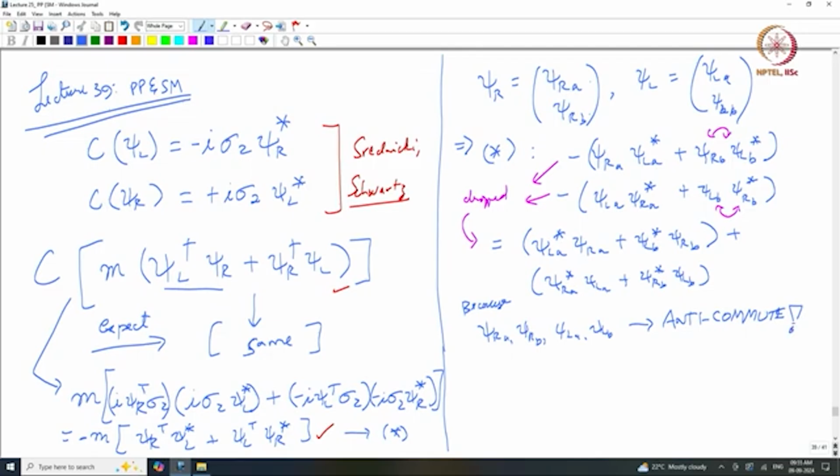That is one of the things that makes spinors really special. This is not just a 2 cross 1 matrix. The numbers that populate this matrix are very special numbers. They are called Grassmann variables or Grassmann numbers.